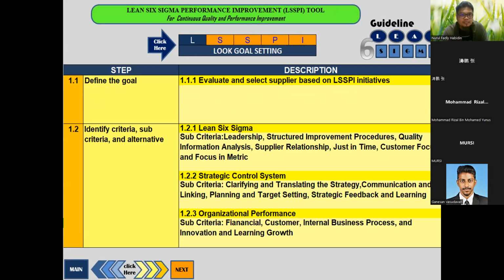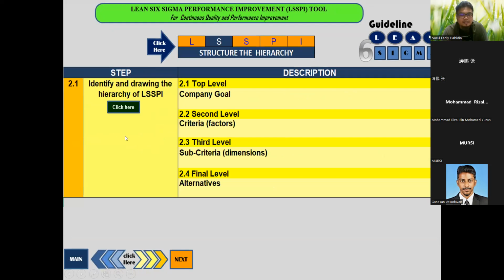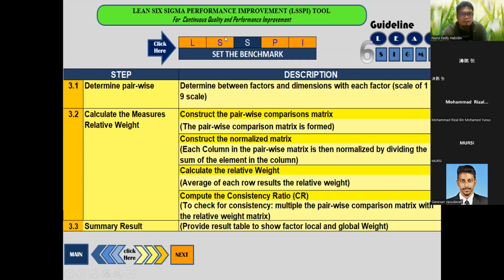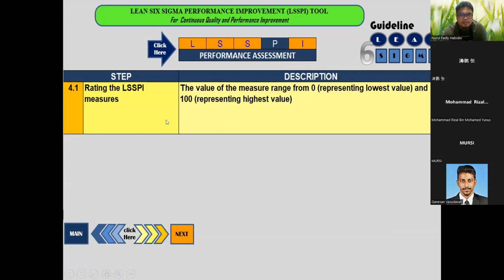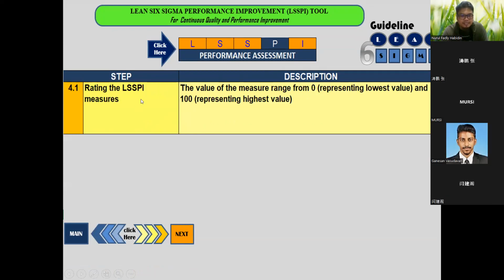Okay, from the first L, I try to define the goals and identify criteria, sub-criteria, and alternatives. Next, structure: I need to identify and draw the hierarchy of LSSPI. For set the benchmark, I determine pairwise comparisons, calculate the relative weights of the measures, and summarize the result. Next, my performance assessment will be rating the measures.